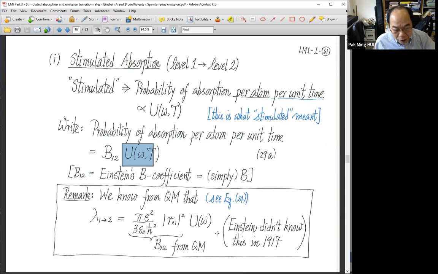So this U is this U, and therefore, secretly, we already know what B12 is. From quantum mechanics, this part is Einstein's B12. Of course, we know more than Einstein. Einstein did not know this expression in 1917. There's no quantum mechanics around.